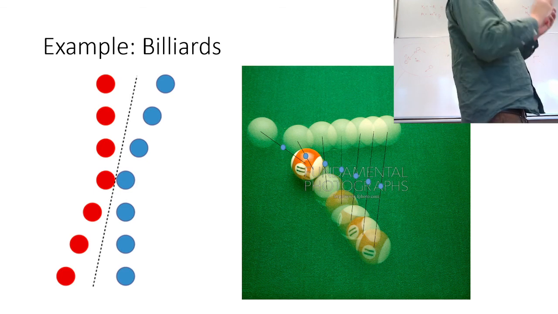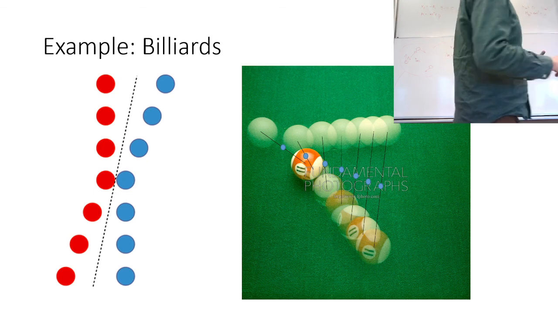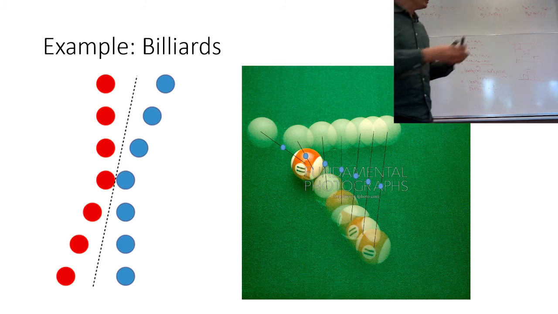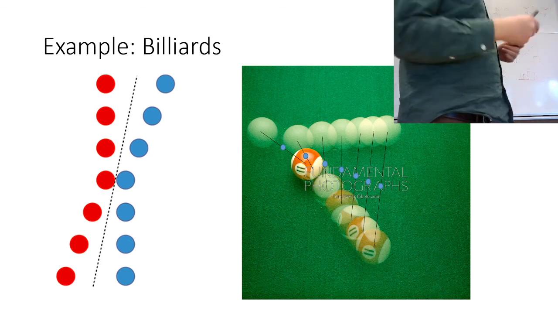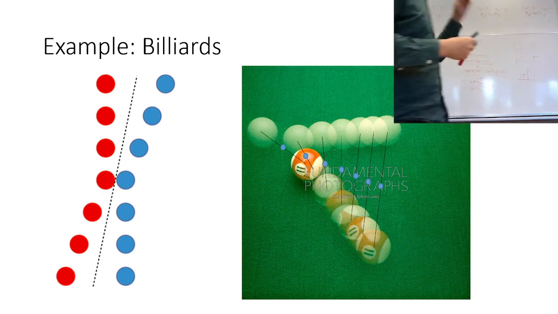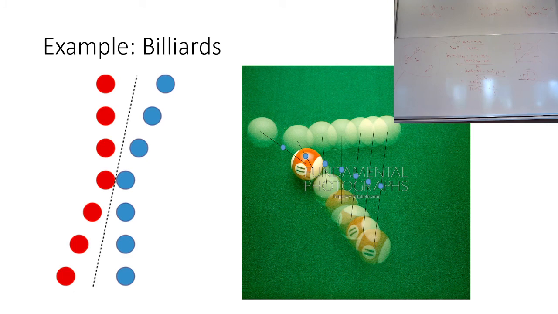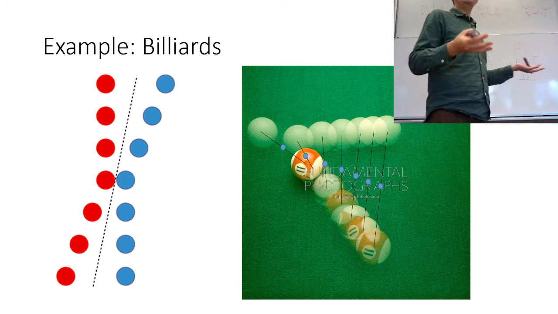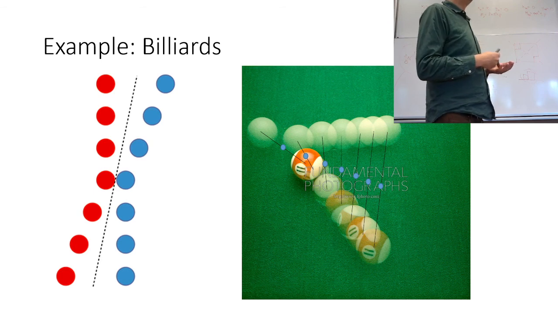What is happening is that there are some internal forces between these two balls, and then they fly apart. But as far as the center of mass goes, it's completely unaffected by that collision, basically because that's an internal force.